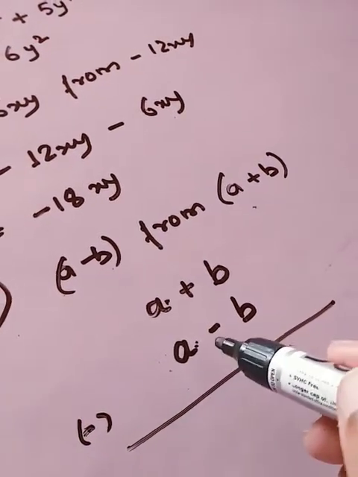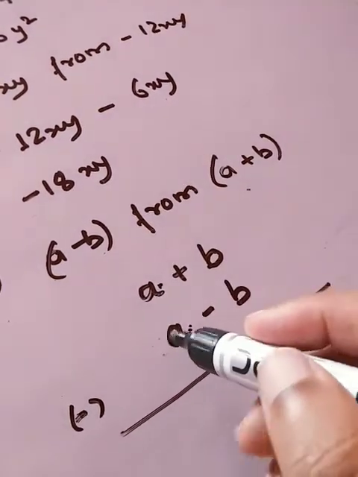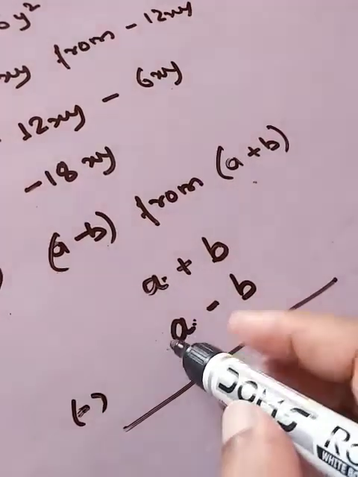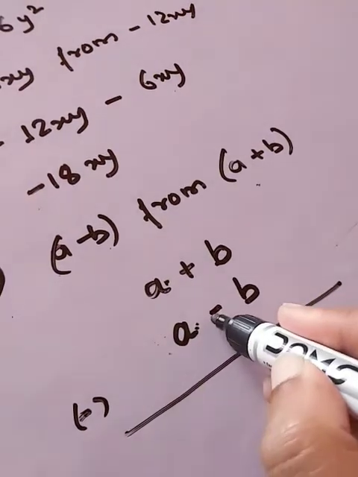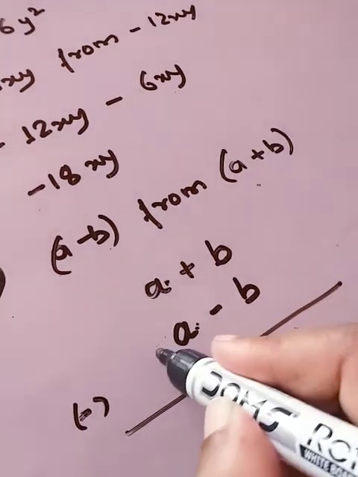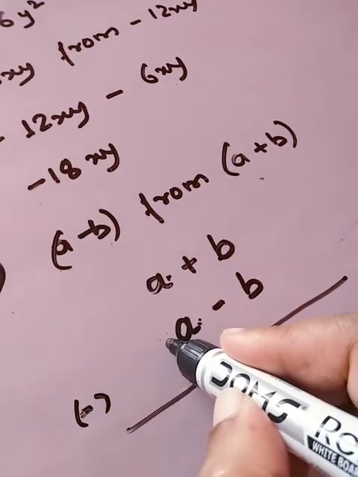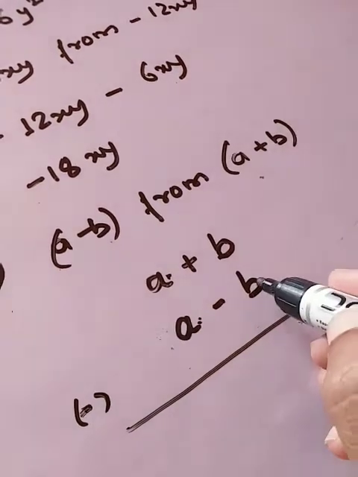Now one very important thing, after you have done the arrangement like this, the last thing that you have to do is change all the sign which are on the second line. Okay, this is the second line, so you have to change all the sign whatever is there on the second line, so you have to be very careful.